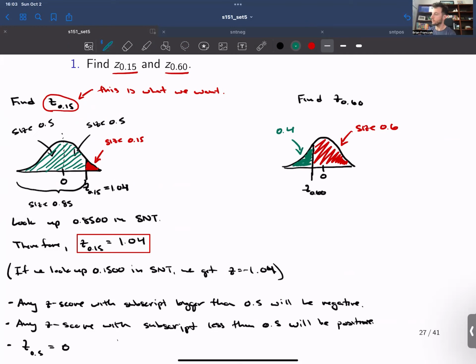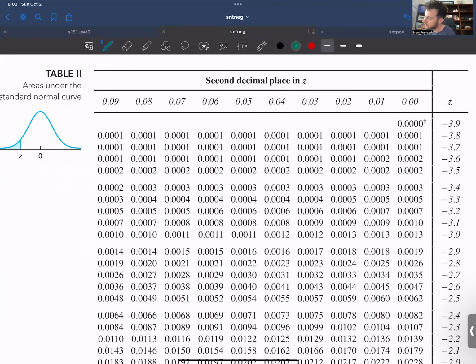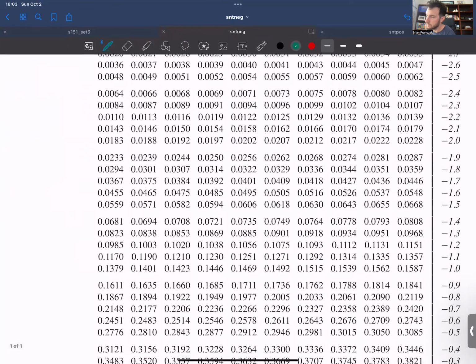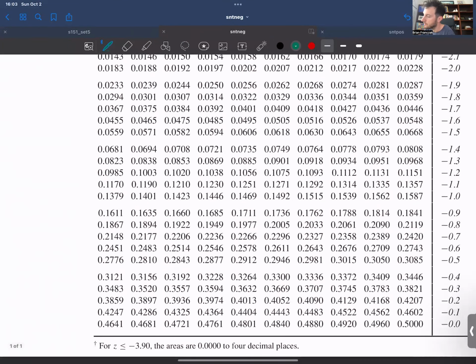So now we're going to look up 0.4 in the standard normal table. So we go to our negative page. We know the z-score is going to be negative because the area to the right is bigger than 0.5.